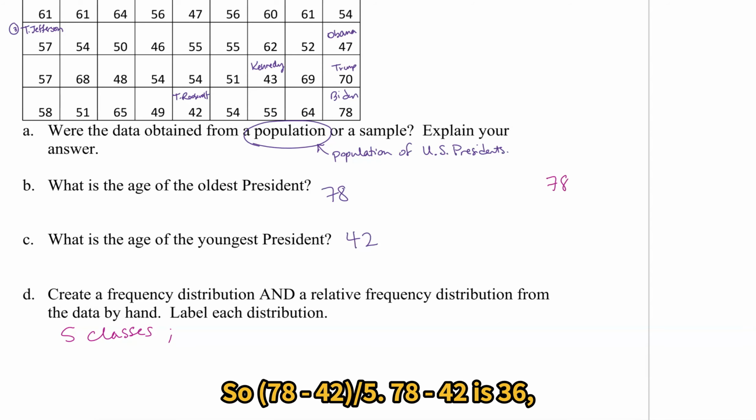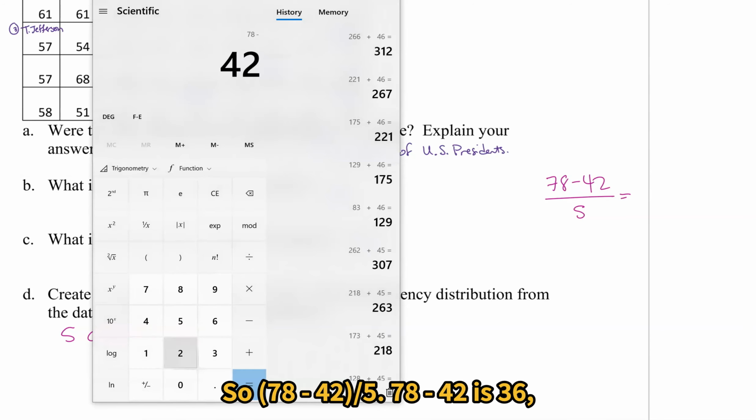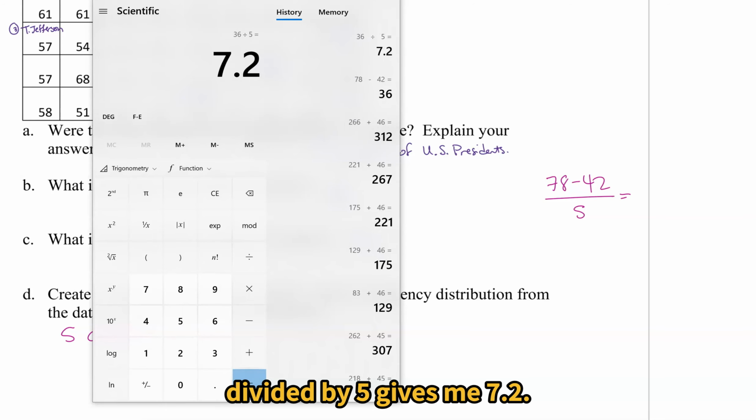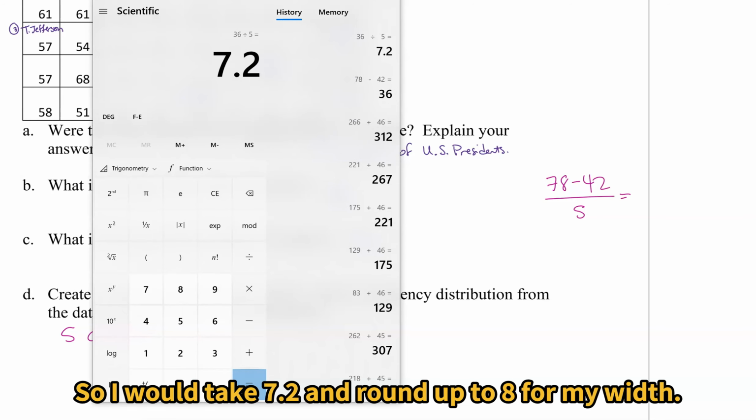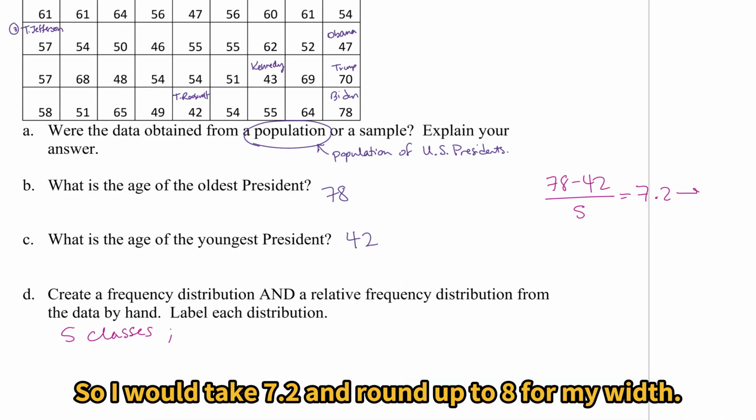So 78 minus 42 divided by 5. 78 minus 42 is 36. Divided by 5 gives me 7.2. So I would take 7.2 and round up to 8 for my width.